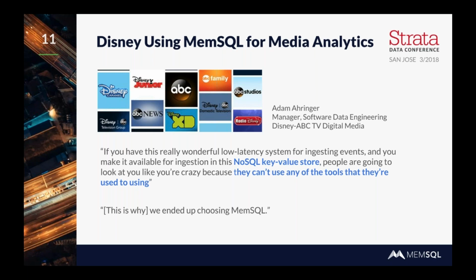So fast ingest, fast query, and be able to do that essentially in real time. And they wanted to do it in a way where they could still make the data available with the tools familiar to their users. And so you can see the quote from Adam, where he's saying we needed this low latency real-time system, but to make it available to all of our analysts. And they were able to do that with MemSQL, and they achieved the results they wanted because of its capabilities.